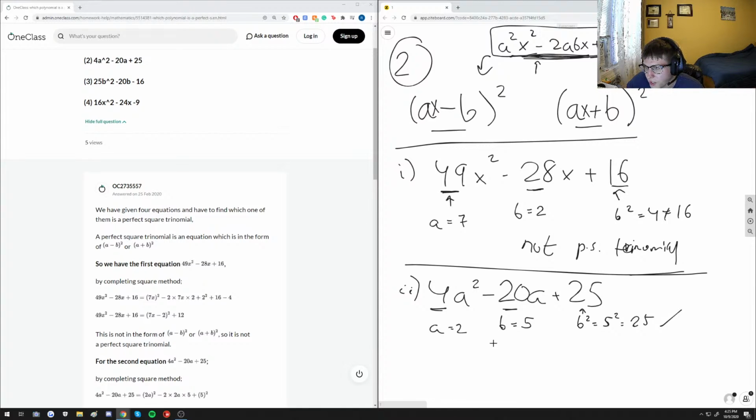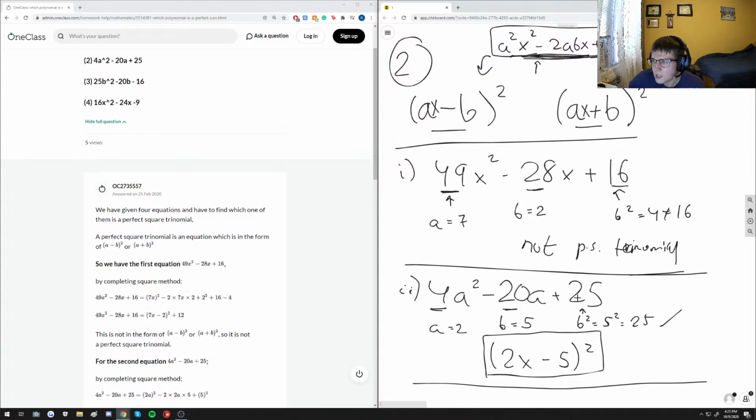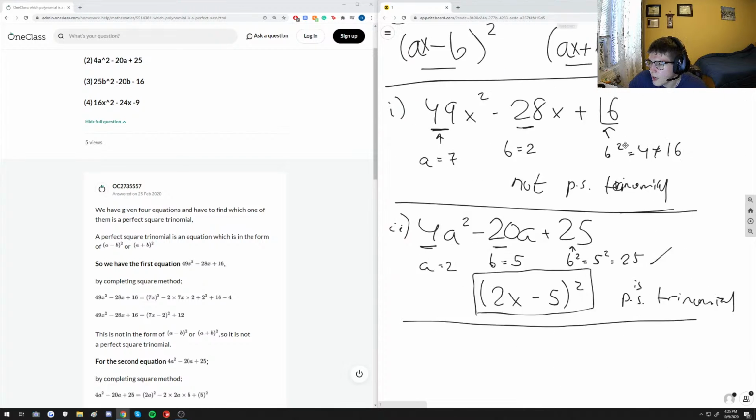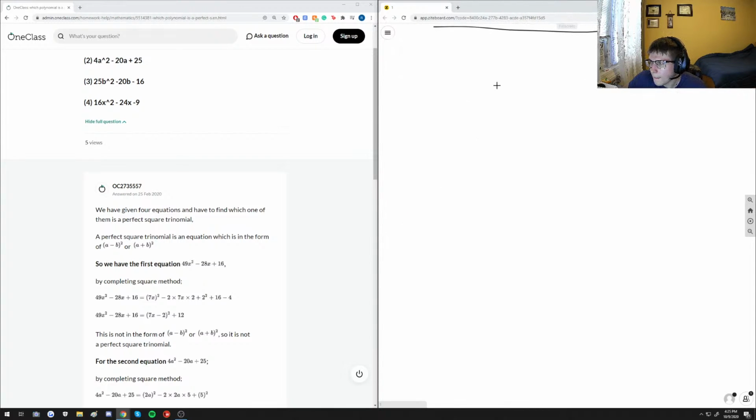So we can actually write this as 2x minus 5 squared using the same form of a perfect square trinomial. So this is a perfect square trinomial. And now we can move on to the third answer choice.